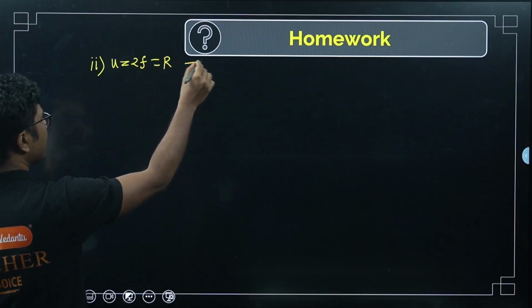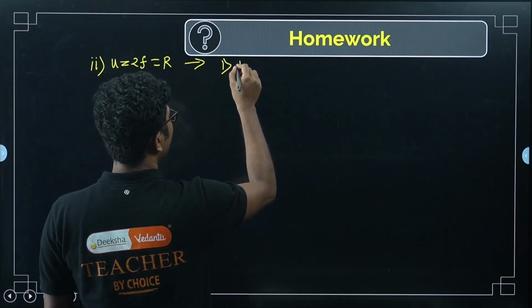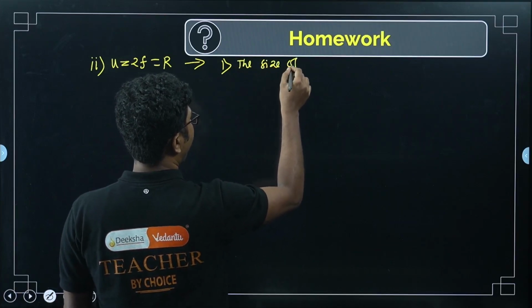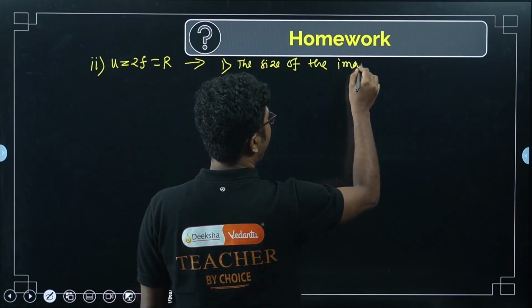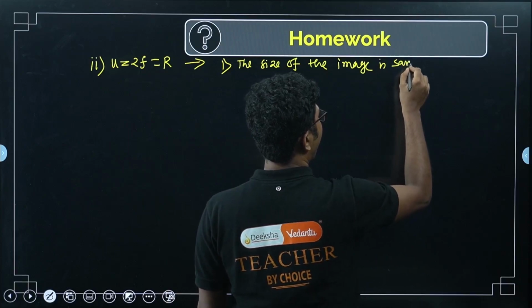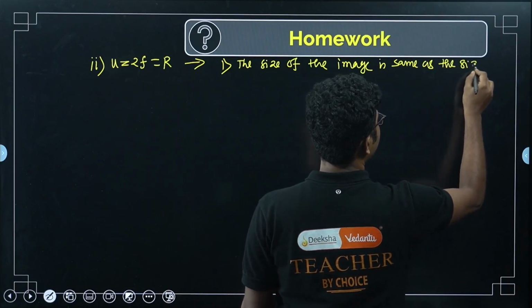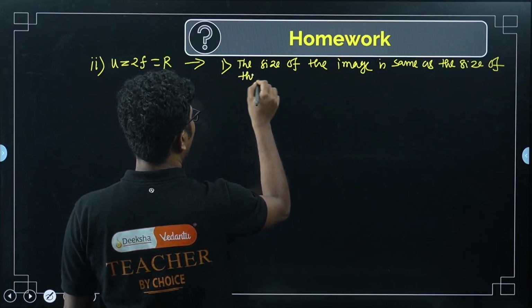So the property number 1, the size of the image is same as the size of the object.